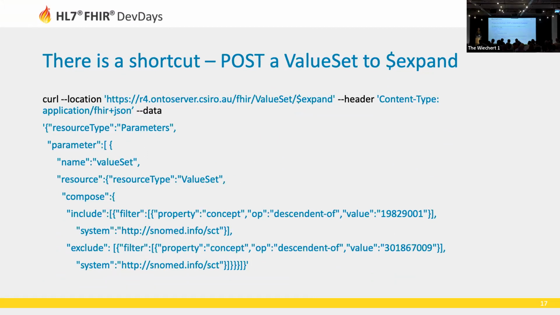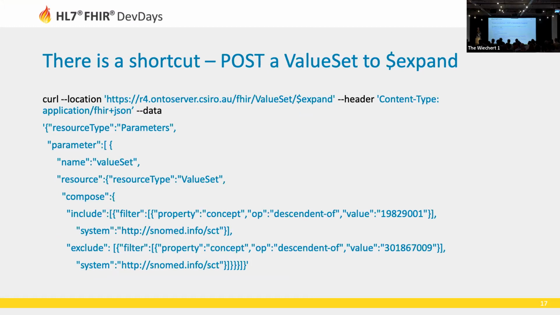So there's an alternative with the existing ValueSet expand operation. Rather than explicitly posting the ValueSet into the server and updating it, you can just post the ValueSet in the body to an expand request.